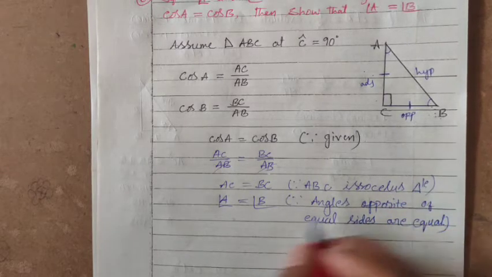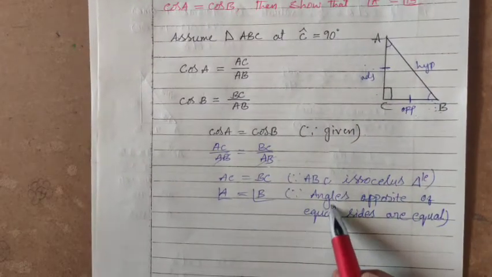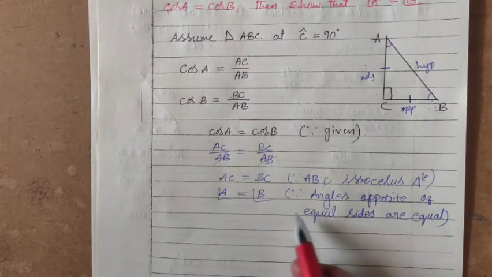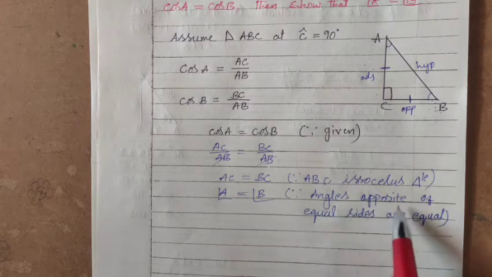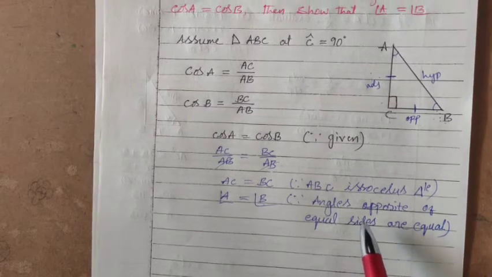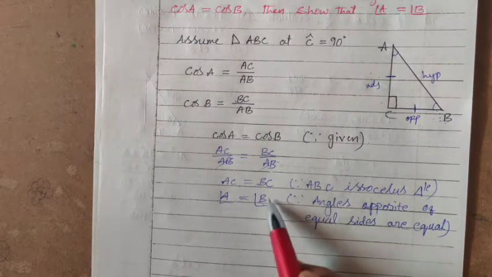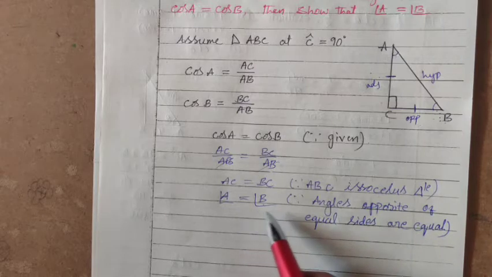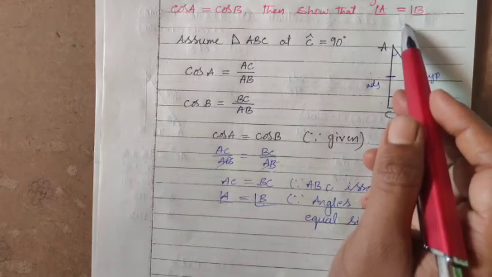That's why angle A equal to angle B, because the angles opposite of equal sides are equal. This is the triangle theorem you learnt in the 8th and 9th standard syllabus. So the angles opposite of equal sides are equal, that's why angle A equal to angle B.